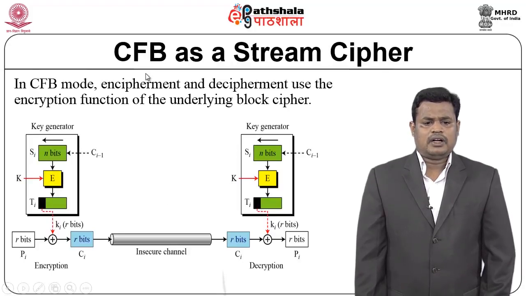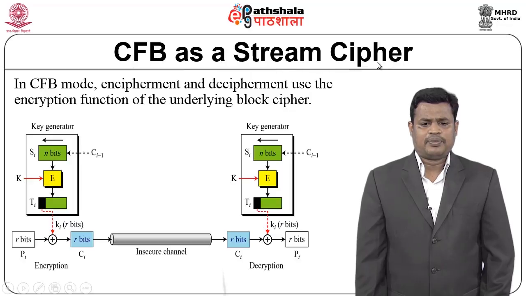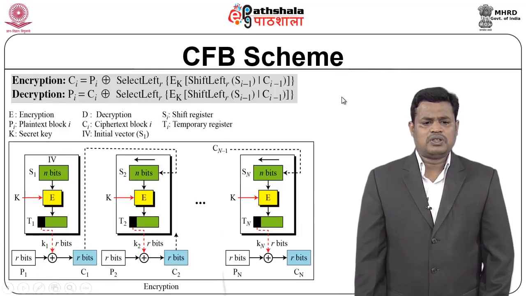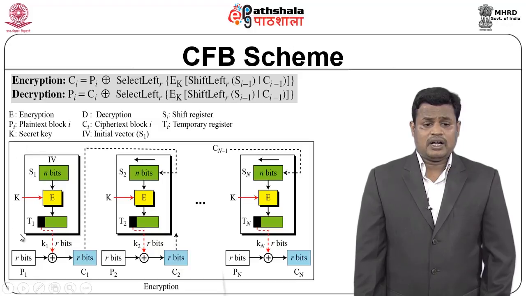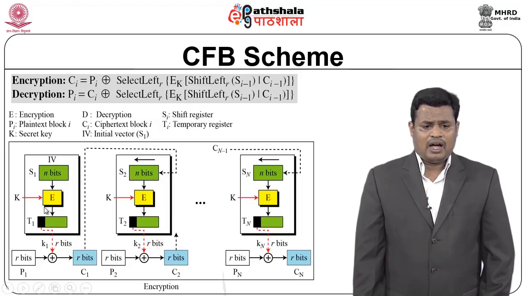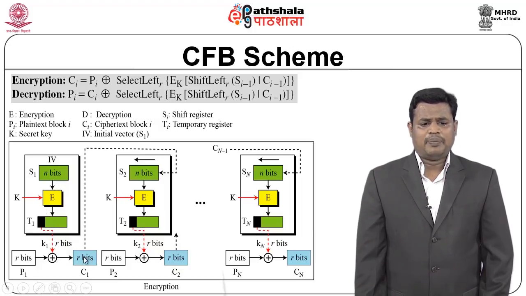Here Cipher FeedBack is used as a stream cipher, because if I take a block cipher, it is going to slow down the process, since each and every time I have to consider the plain text. In addition, I am not taking the plain text into the encryption process. Instead, I am taking the initialization vector and also part of my R bits from the cipher blocks and feeding them as input to my encryption process.